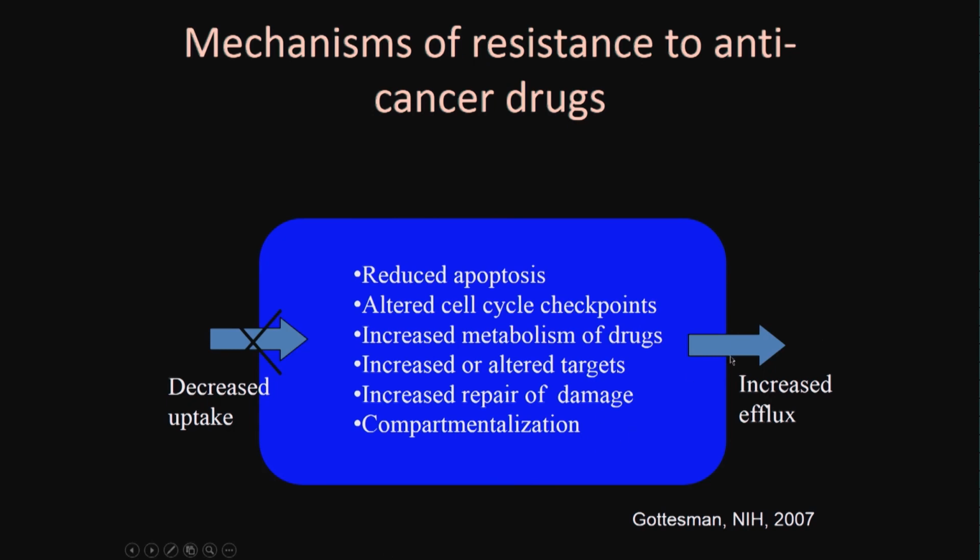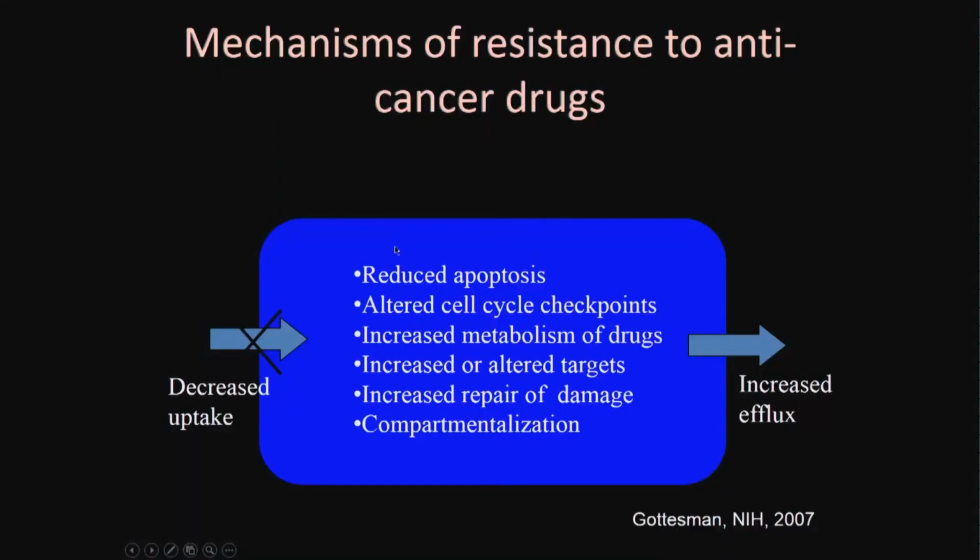So, decreased uptake and increased efflux are reasons why anti-cancer drugs become of no therapeutic value, and PGB plays a very important role, especially in keeping the concentration of the drug very low inside the cells, and hence the efficacy or the drug action becomes very minimal.